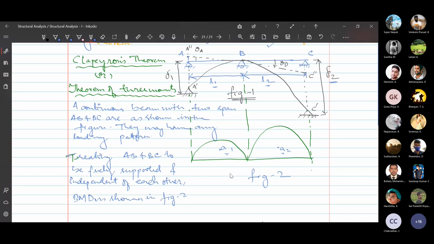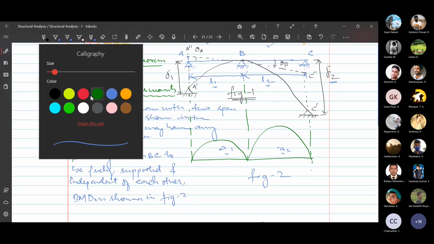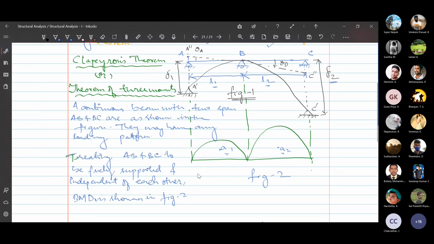We need the center of gravity. Let us say the center of gravity for this one lies at a distance of x1 bar for span AB, and at a distance of x2 bar for span BC.